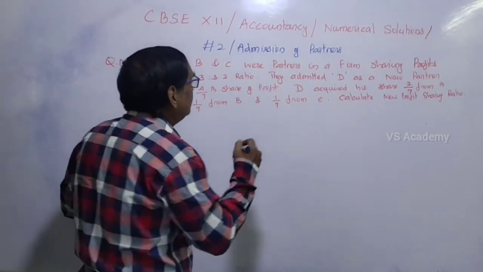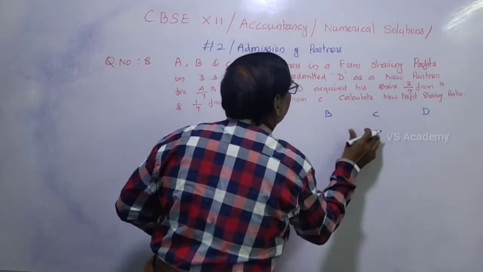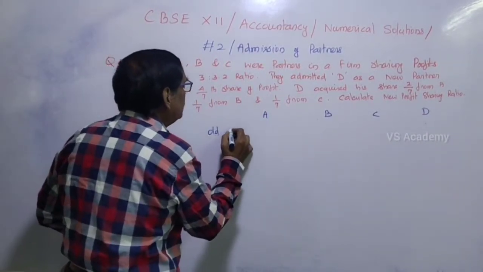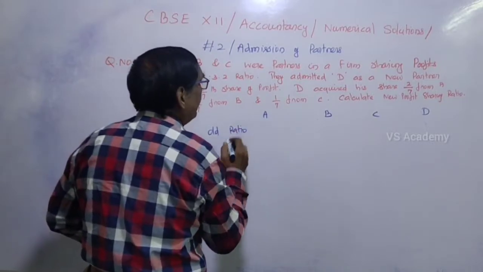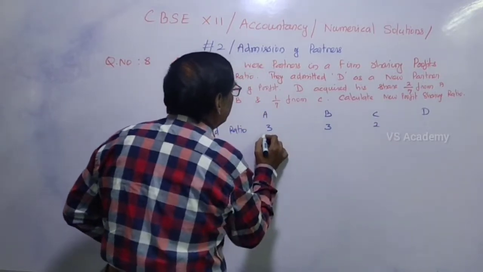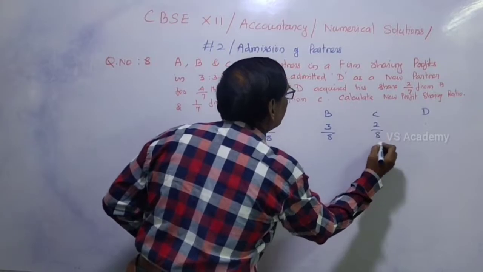A, B, C are the existing old partners. So old ratio 3:3:2, that means 3/8, 3/8, 2/8.